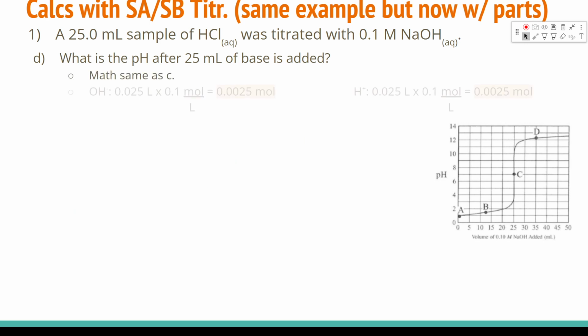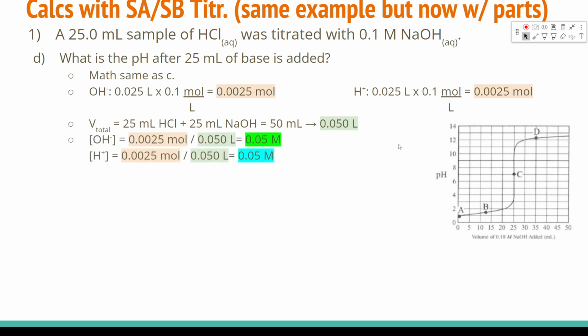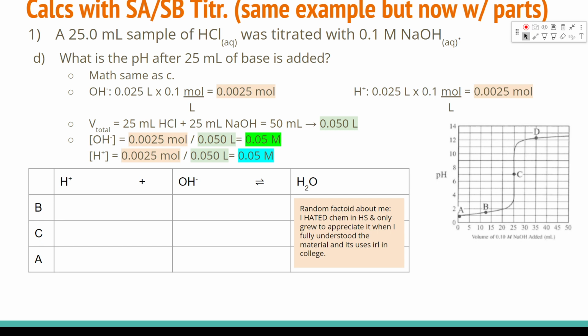So again, same math as C. So I calculate my moles of each of the ions that we have from the strong acid and the strong base. I have my new volume. So both of them had 25 because HCl started at 25 and then this problem has 25 mL of the base, and so I changed that to liters, and then I get the concentration of both of these, and then I'm going to fill out my BCA table.